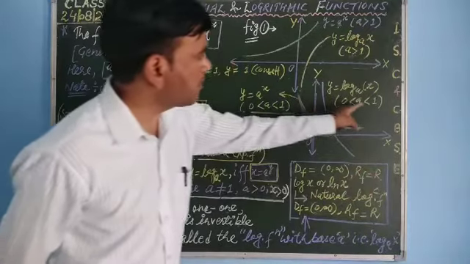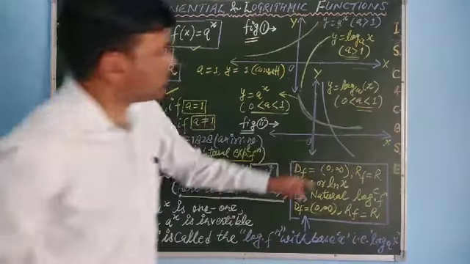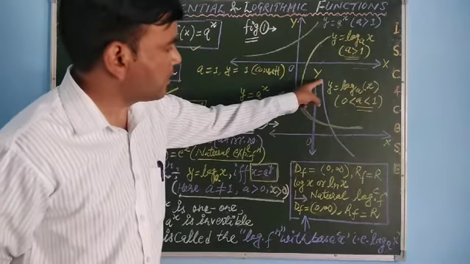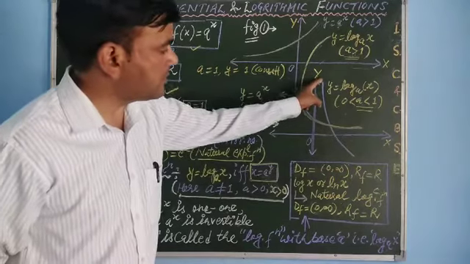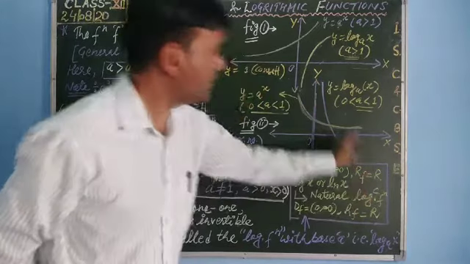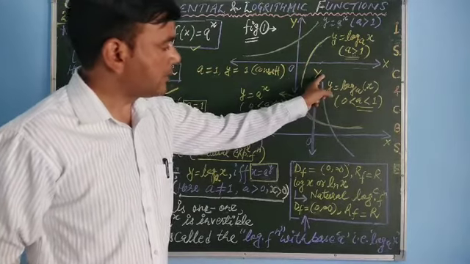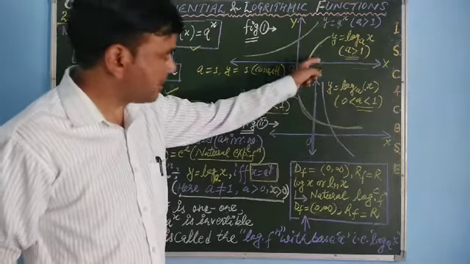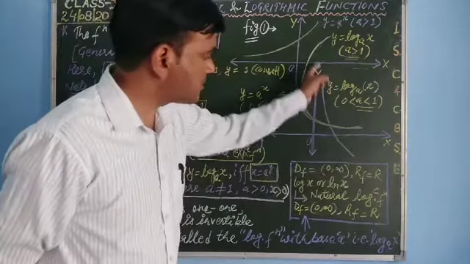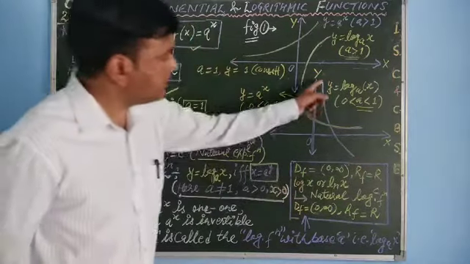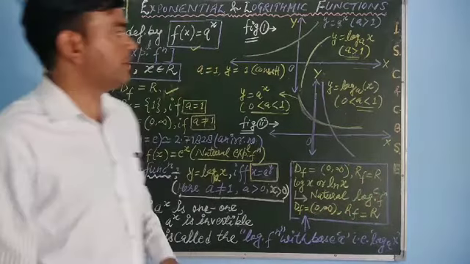Now the second graph is when a is less than 1, whereas in the first a is greater than 1. See students, when the domain is 0 to infinity, meaning when the value of x is increasing, the value of y is decreasing from positive to negative. It means strictly decreasing. Then in that condition also we get the range as real numbers.